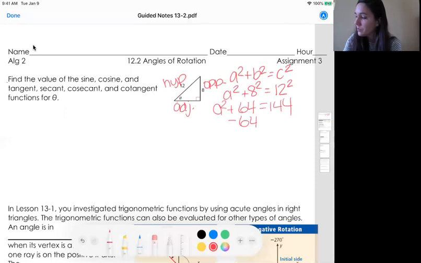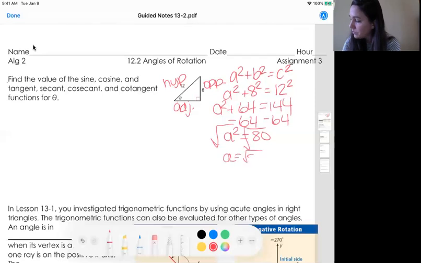Subtract 64. A squared is 80. So then to figure out what a is, to isolate a, we need to take the square root of both sides. So a is the square root of 80. However, I know 80 is an even number. We need to see if we can simplify this radical by any means.